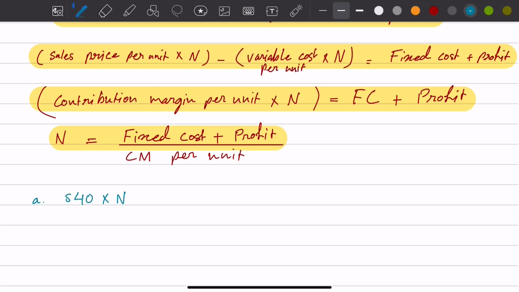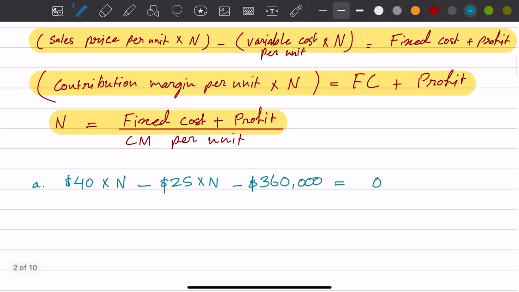We still don't know how many units, so we'll just use N, minus the variable cost per unit, which is $25, multiplied by N, okay, minus the total fixed cost, which is $360,000, should equal 0 because we are looking into trying to calculate the break-even point in this case.